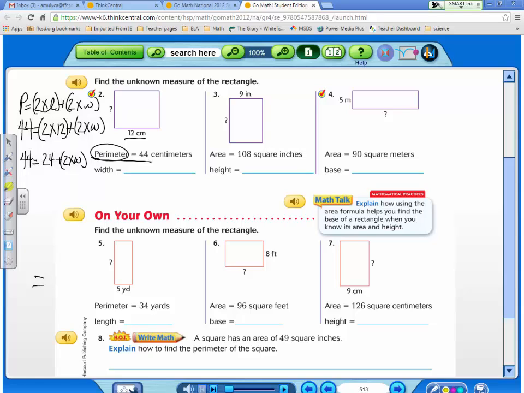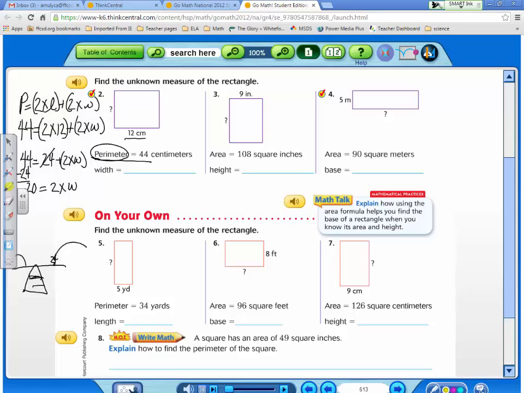If you think about an equation as being a balance, here's my equal sign, and we think of that as a fulcrum on a balance like this, and we have a 24 over here, if we take that off, it's going to tip our balance. So if we take it off on this side, we have to take it off on this side in order for us to stay balanced. So we'll take off that 24 and we'll take it off of here also on this side of the equal sign. So then we subtract and we get 20 equals 2 times W.